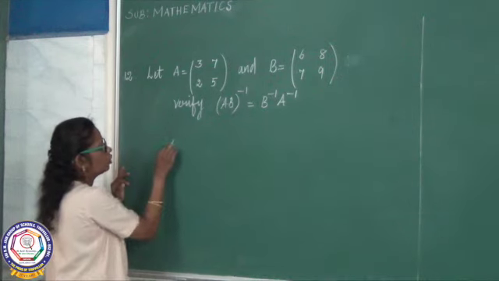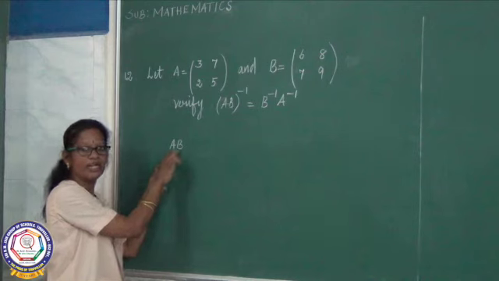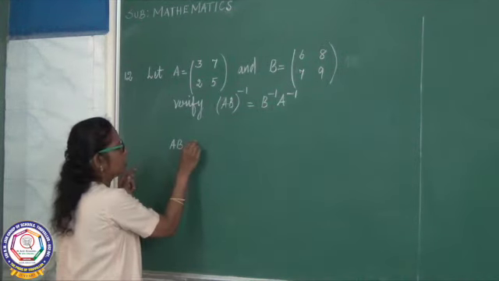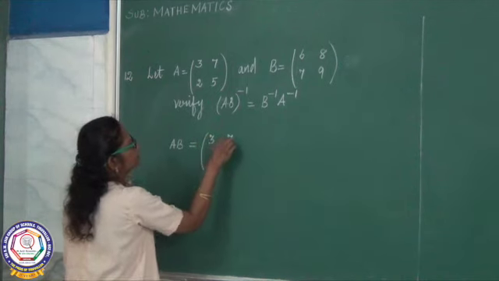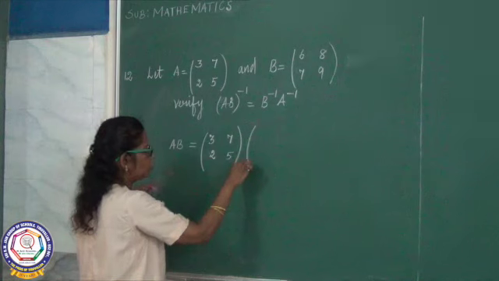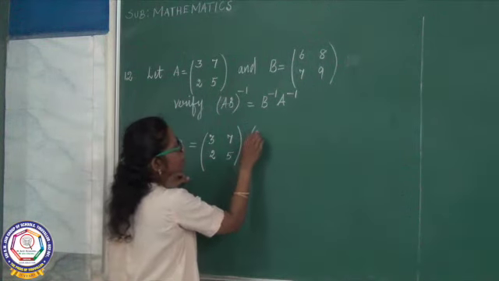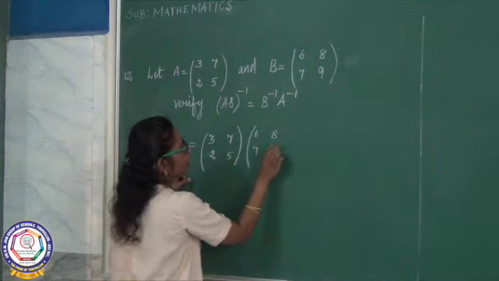First we should find AB, which is A into B: 3, 7, 2, 5 into 6, 8, 7, 9.